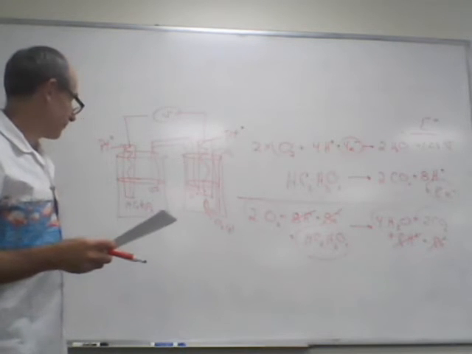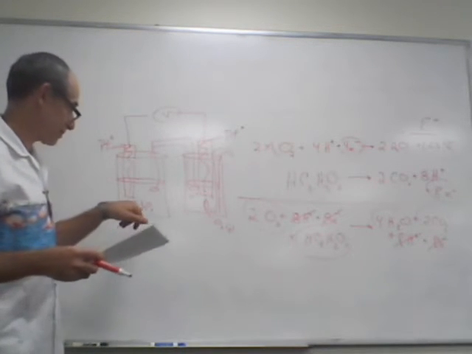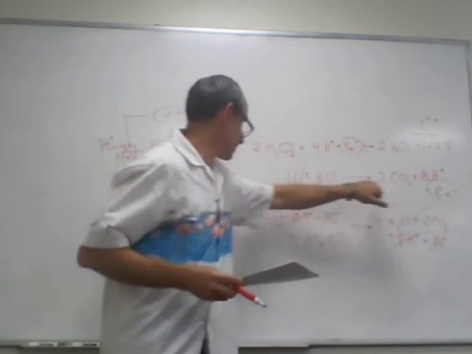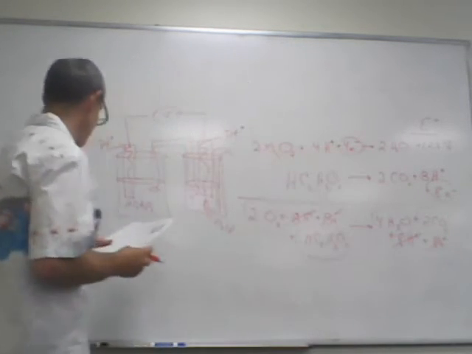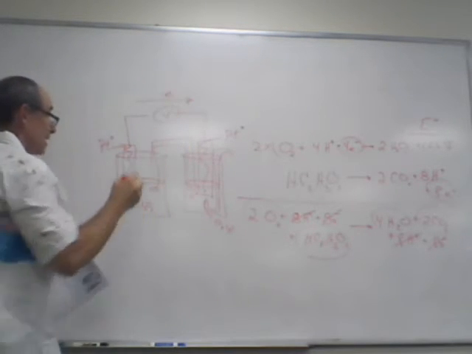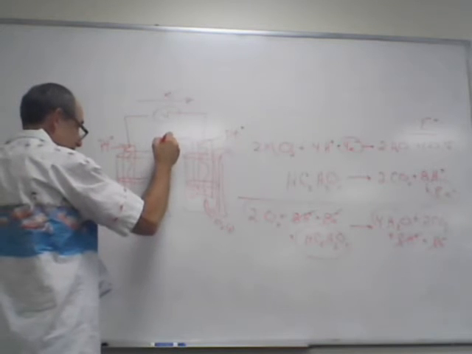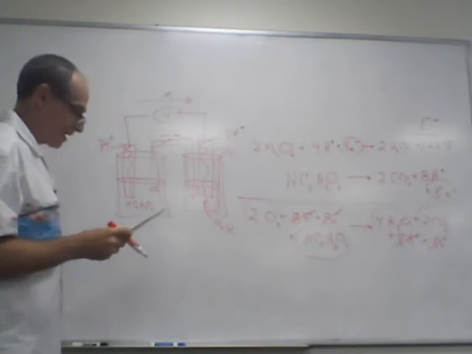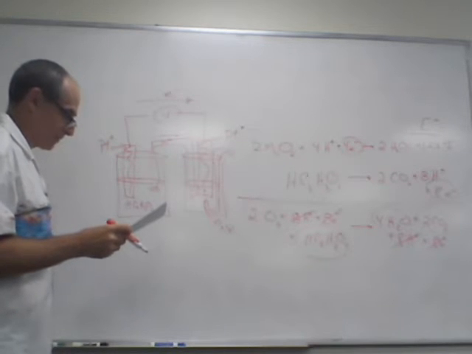The electron flow here, since this ethanoic acid is releasing electrons and oxygen is taking in electrons, the electrons will flow this way, as will the positive ions. The cations will flow that way as well.